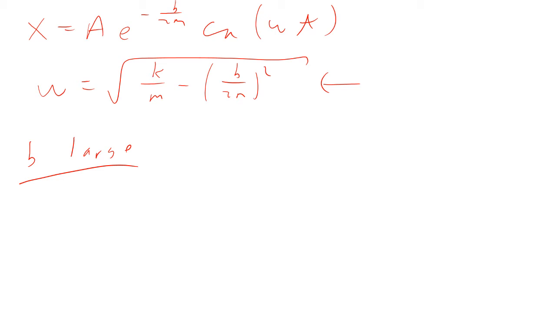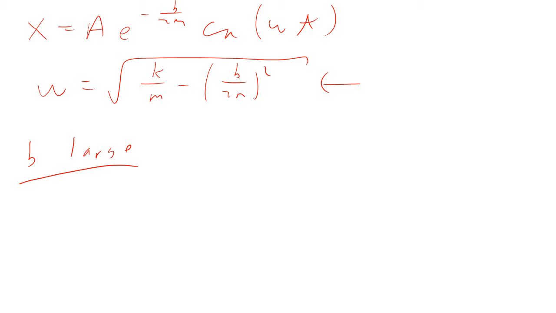Now, there's an interesting thing: you can actually deal with an imaginary number in a cosine, because it turns out you can write cosines and sines as e to the i theta, or combinations of e to the i theta and e to the minus i theta. And if you have i times i, that's a negative number, it's a real number.